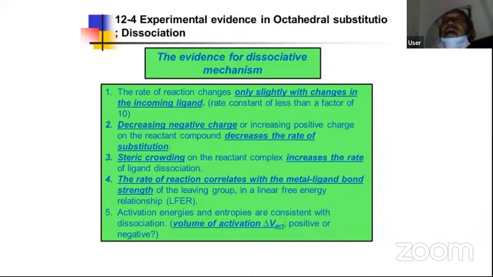So a number of factors that influence the thermodynamics and the kinetics altogether provide the evidence for your mechanism, dissociative or associative. I'm just giving you the concept. Okay, next slide.